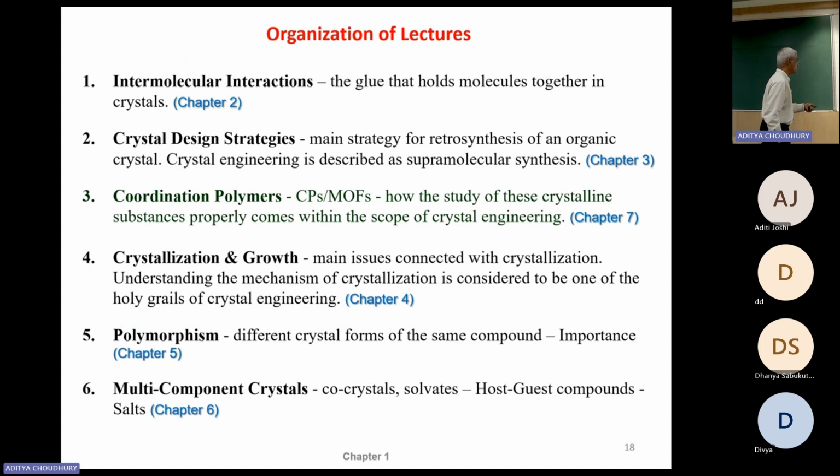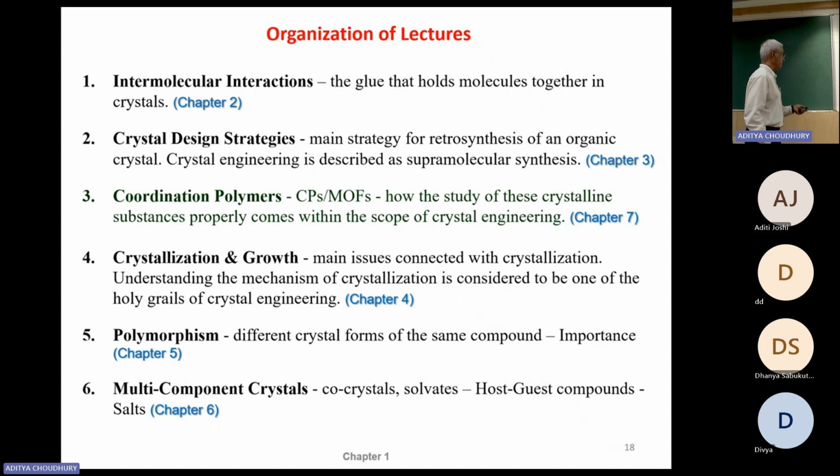Then how crystallization is very important, because unlike organic synthesis, which takes different steps, to make the supramolecular entity in the solid state there's only one way we can do it. That's crystallization. You just put everything into solution and see whatever you get out of it.